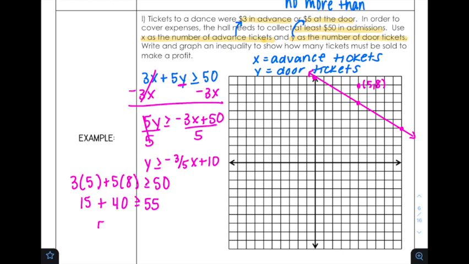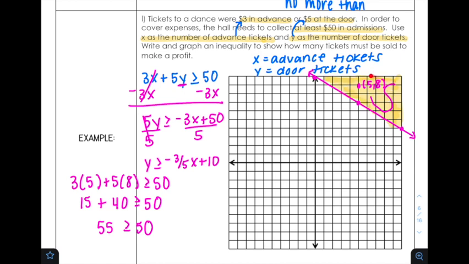We have 55 is greater than or equal to 50, and that is true. So this way we know we're going to shade in this direction, that this is going to be our solution set.